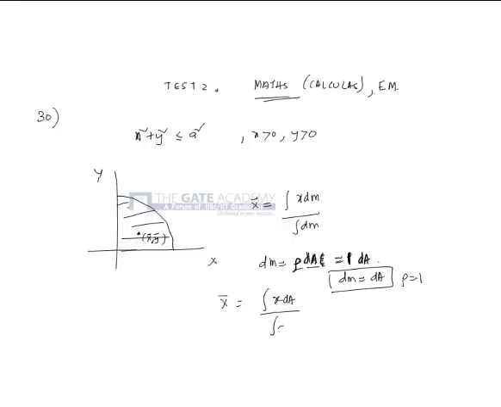So x bar is integral x dA by integral dA, and y bar is also integral y dA by integral dA. As you can see, the figure is symmetric about x and y, so if we can find either of these, the answer will be the same for both.